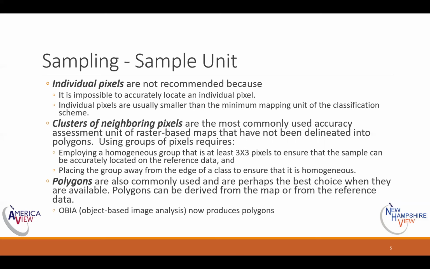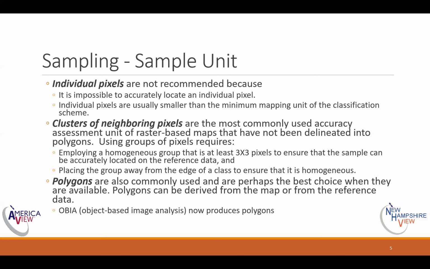It's wrong, okay? What you really want is a cluster of neighboring pixels, a grouping that you put together, which then becomes a single sample unit. So often a 3 by 3 homogeneous area. And the cool thing about that is, if it's homogeneous and you go to the center of it, you eliminate positional accuracy issues.